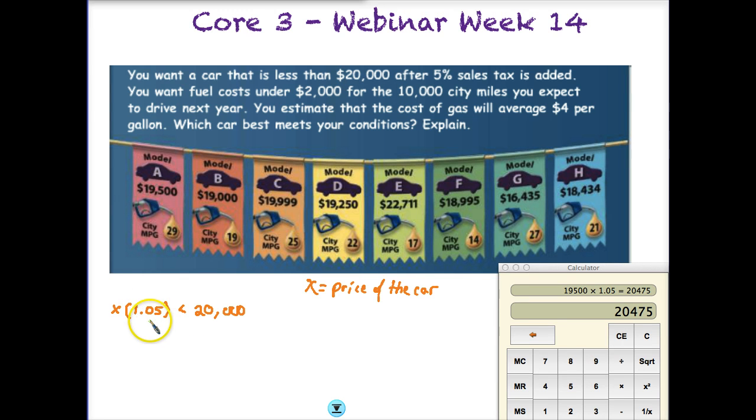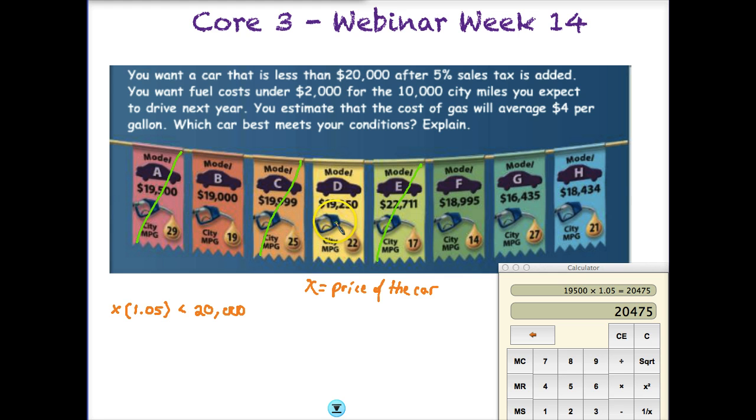So there's a way to write a constraint. All these sales prices can become X, and I can plug this in, and I can see if it's less than 20,000. Well, this one we can eliminate right away. It is not. So anything that is 19.5 or over, I know is going to be too high, right? It's not going to meet my price. So I can eliminate these right off the bat. Okay.